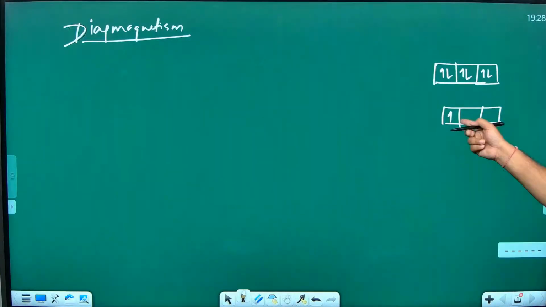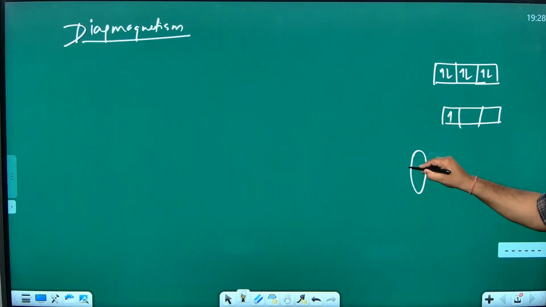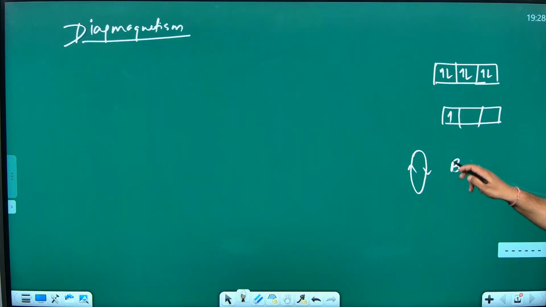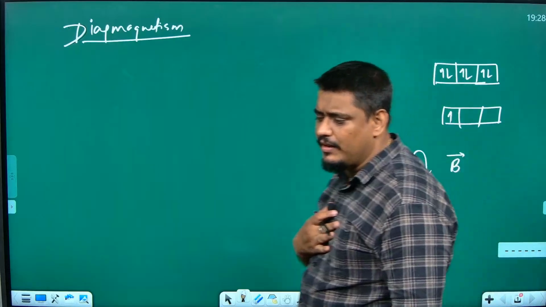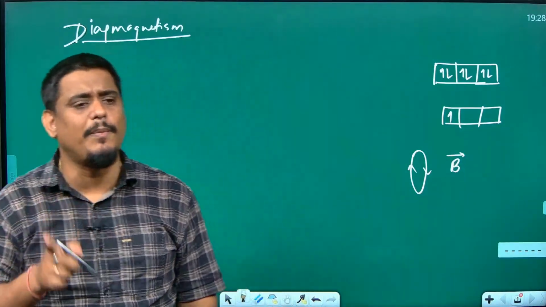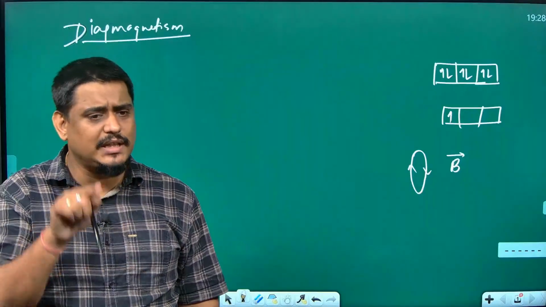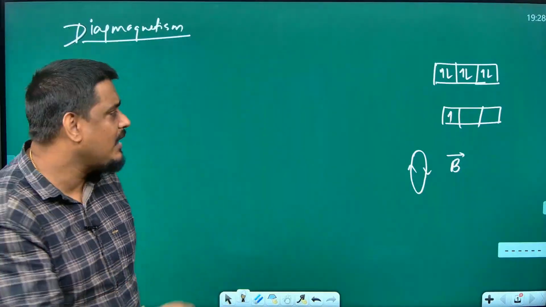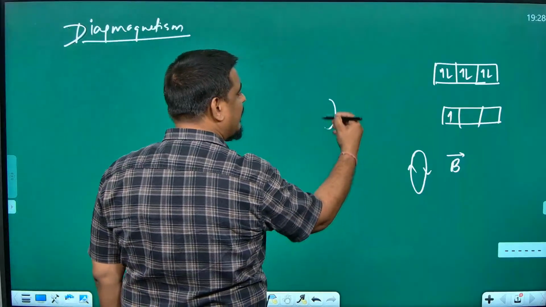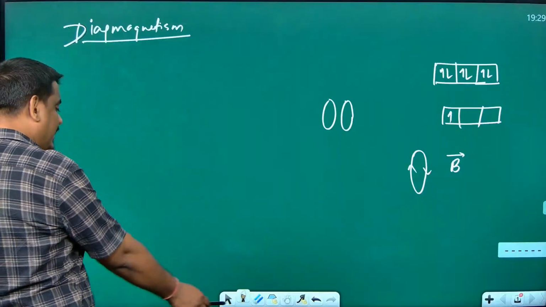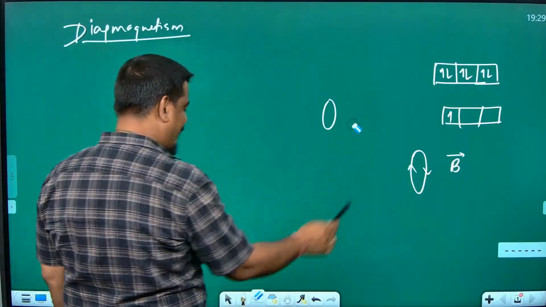So, if a single electron is revolving, it is going to create current, and current in this path will create some magnetic field. That is known to everybody. So, it is quite understandable that if we have lone electrons in an atom, those lone electrons are going to create some kind of magnetic moments, right? And those magnetic moments are going to create some kind of magnetism.